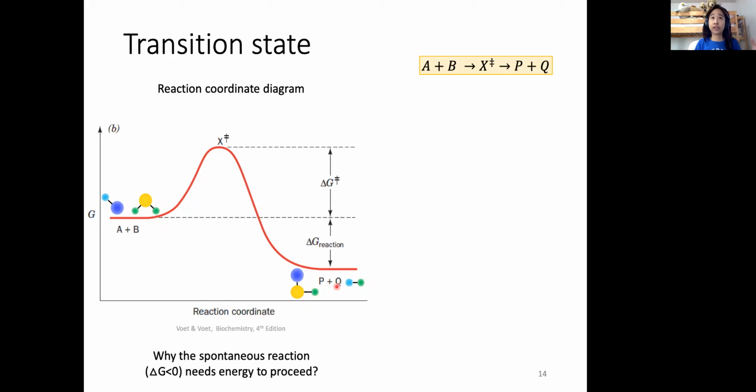So you have changed from reactants to products. But in the middle, you need to break this bond and reshuffle everything again. By breaking this bond, you need a lot of energy to get into this transition state. And this energy, we call it activation energy.